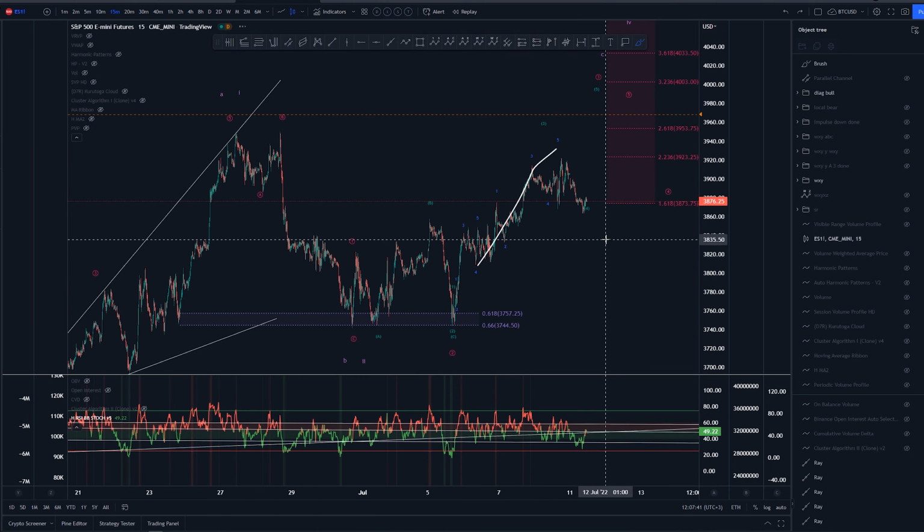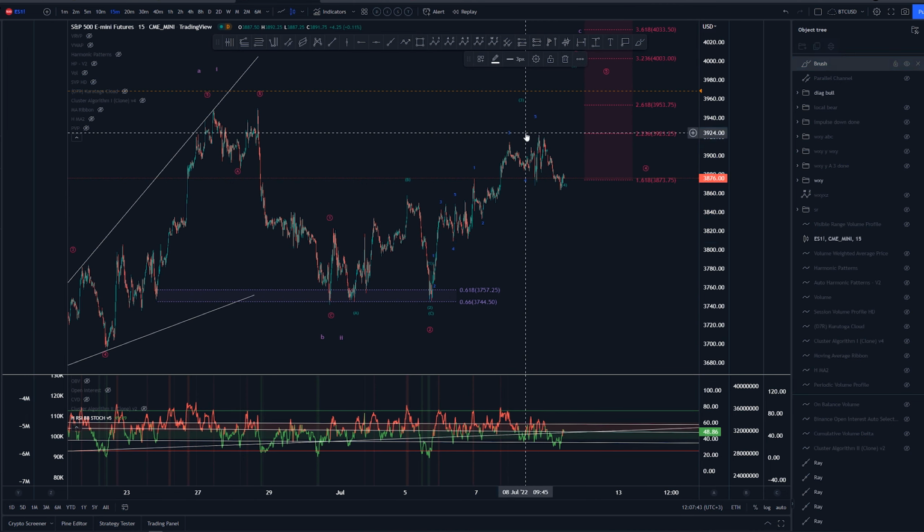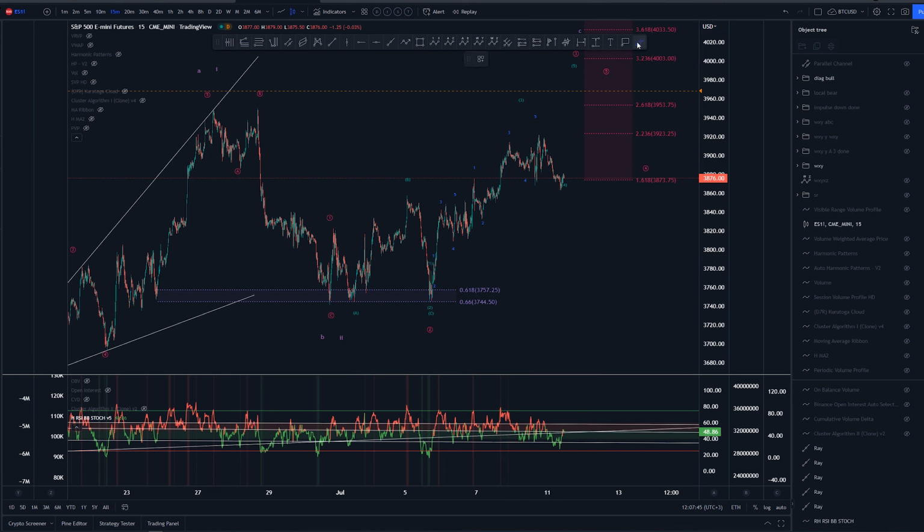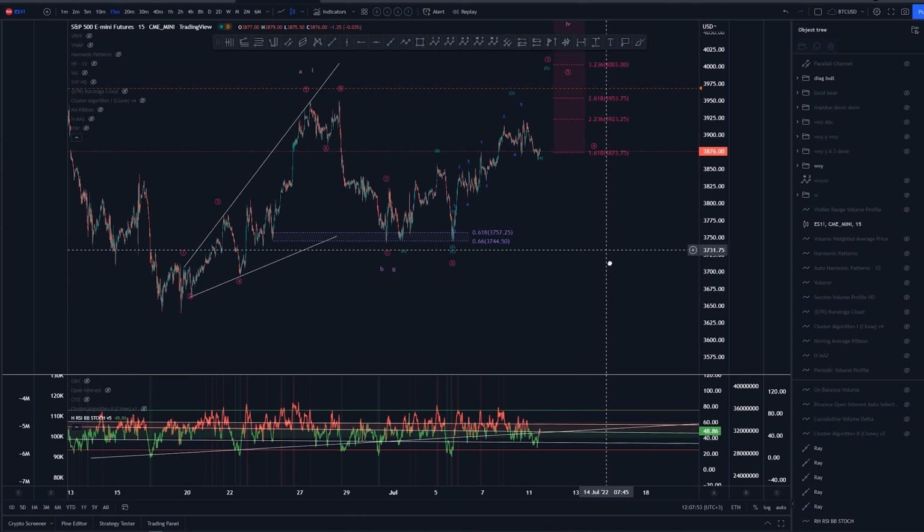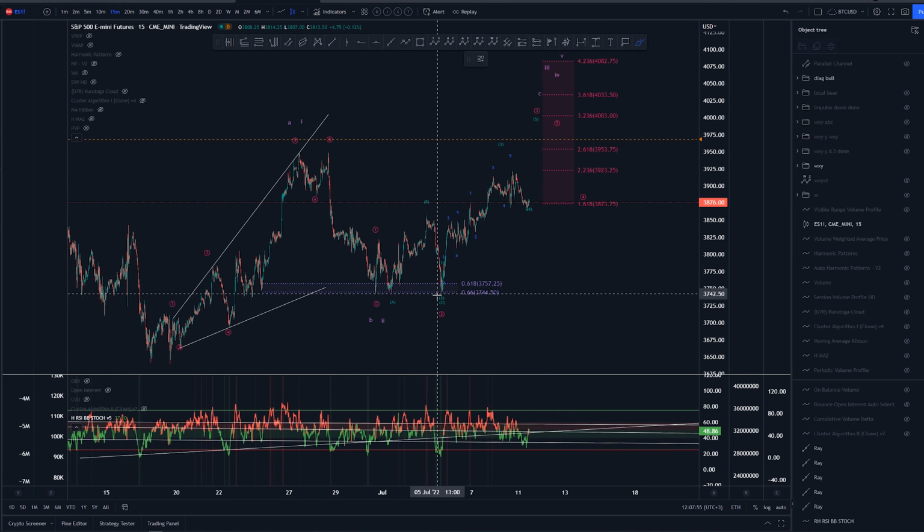So at the moment, I'm not going to be playing S&P 500 at all, most likely none of the other indices either, until we are getting some kind of results of what we can find in here. This is just looking bad.